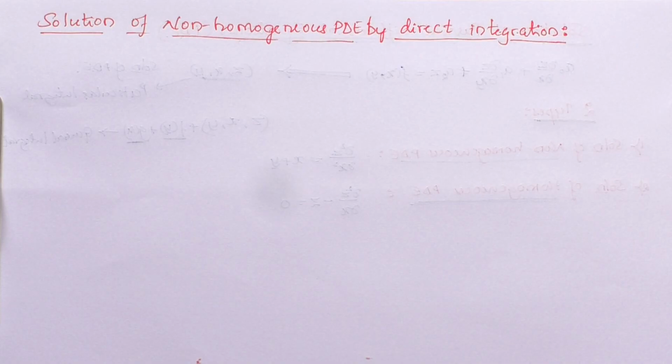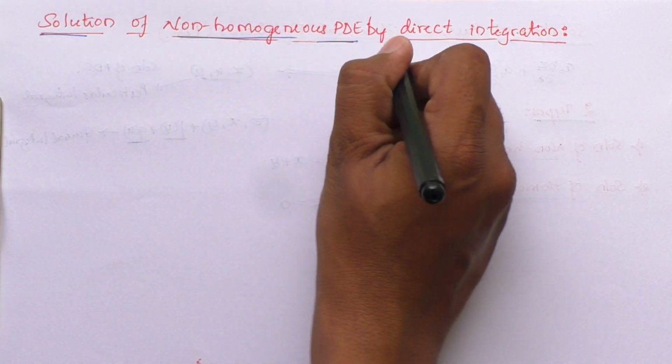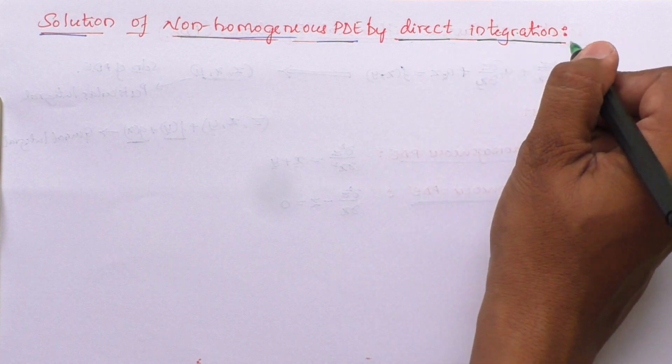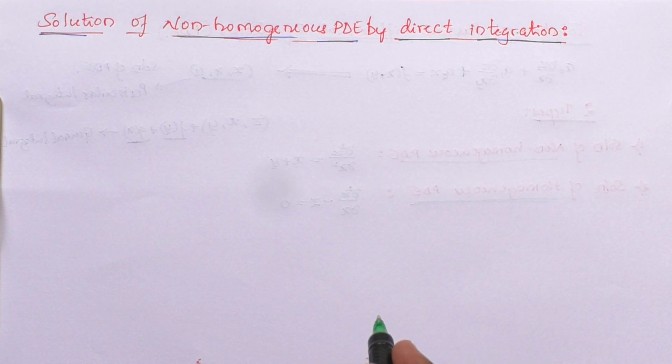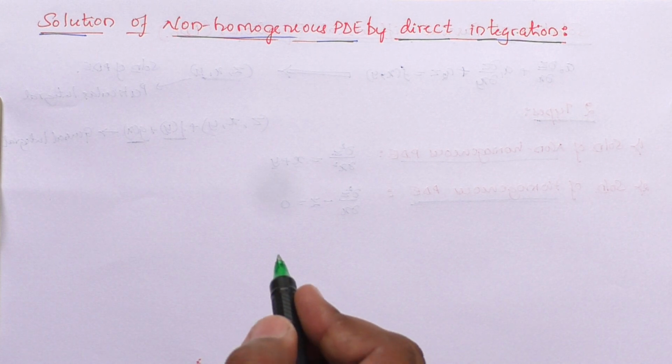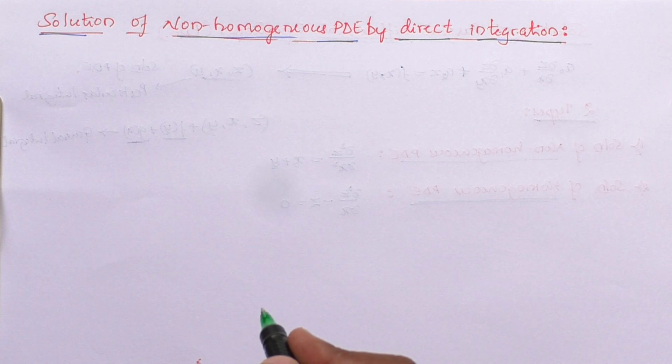So let us understand in detail how to solve non-homogeneous PDE. Here we go for the solution of non-homogeneous PDE by the technique called direct integration. Whatever derivatives or differential operators exist in the PDE, we need to remove them by direct integration.